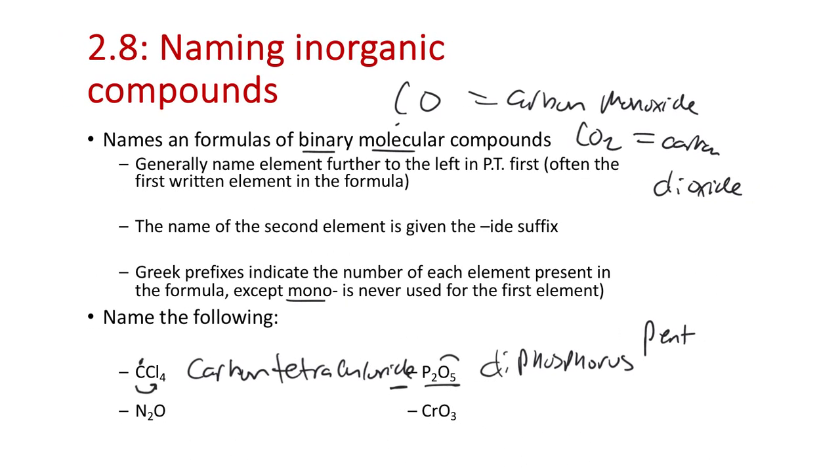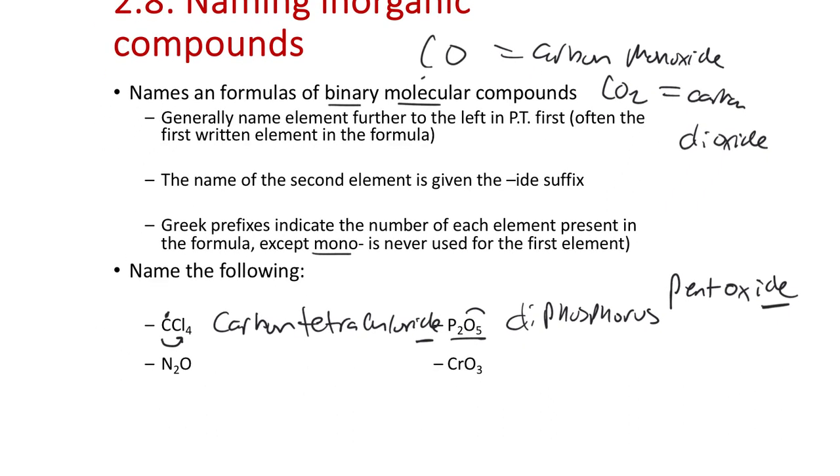Now this gets to a weird part where we often just call this pentoxide, but I wouldn't worry too much about that because we're not usually spelling these things out to know when you're going to call something pentaoxide versus pentoxide. I think both are acceptable names, but pentoxide is what you usually see more commonly for P2O5.